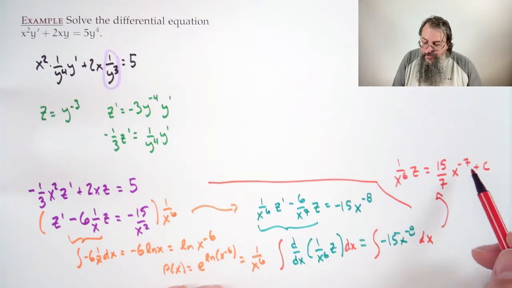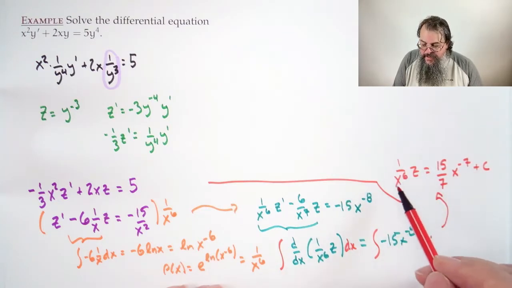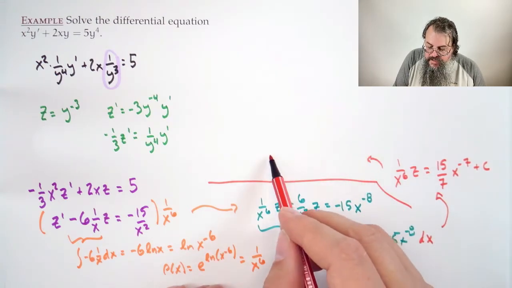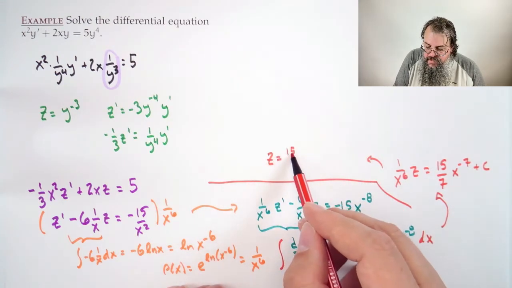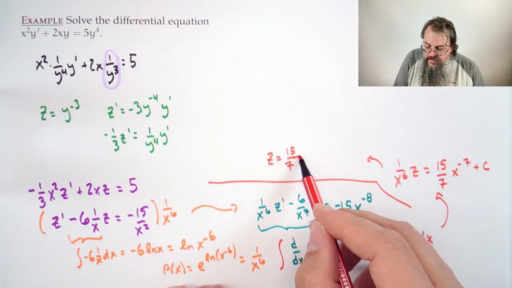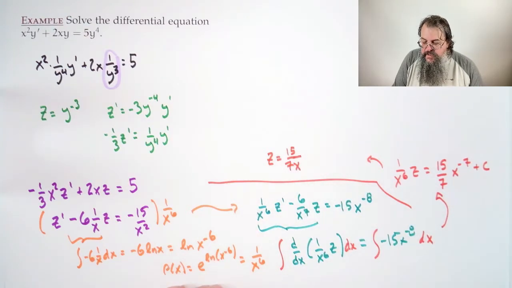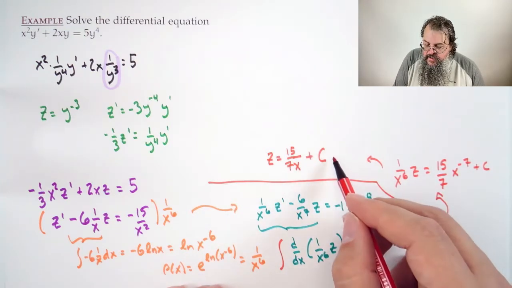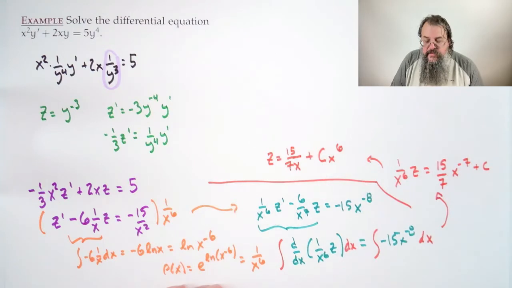So this is really 1 over x to the 7, multiply through by x to the 6. We would end up with saying that z is equal to 15/7 times 1 over x. So I'll put 15 over 7x plus some constant c times x to the power 6.